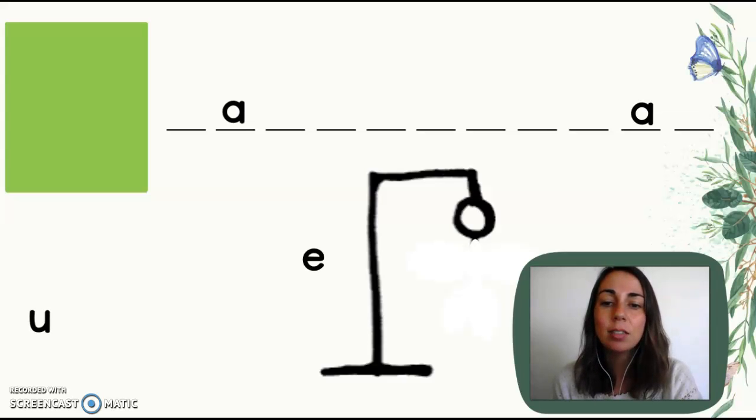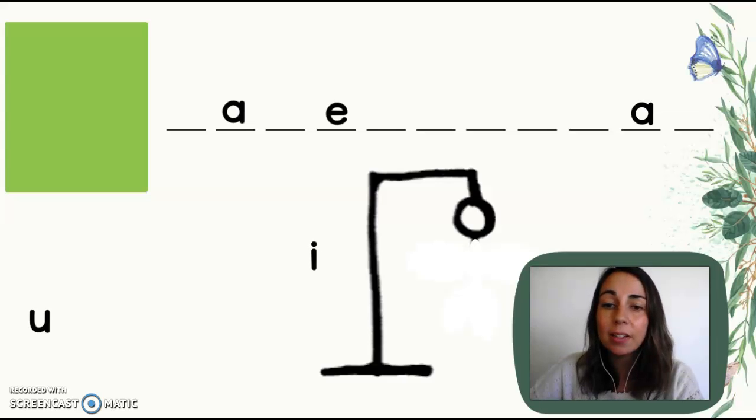Okay, next sound. What sound is that? Eh. Very good. Eh. Let's see if it has an eh. Yes, very good. It does have an eh. Let's see our next sound. E. Let's see. E. Yes, it does have an E. Very good.